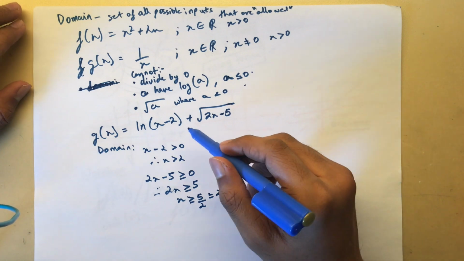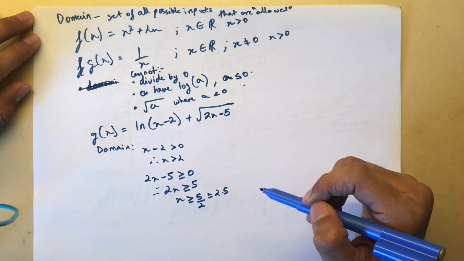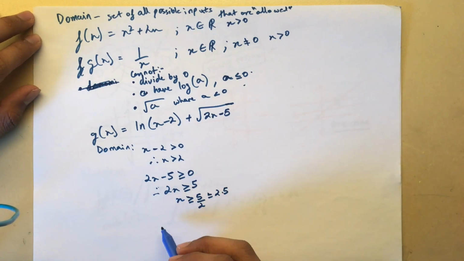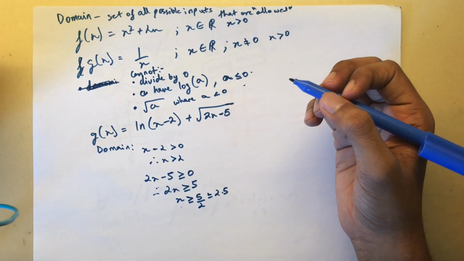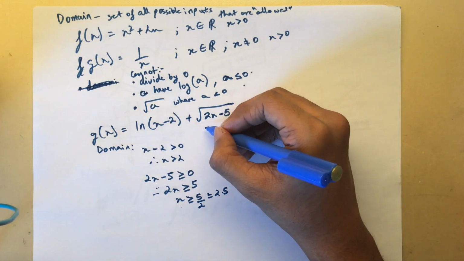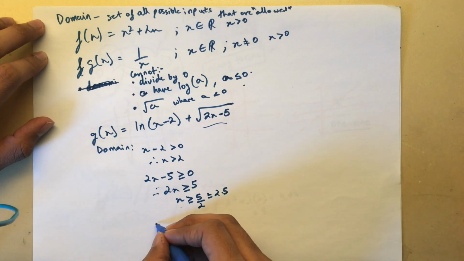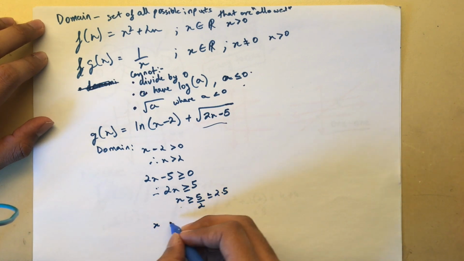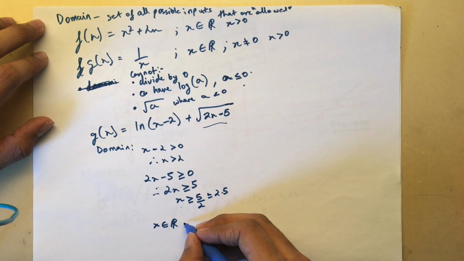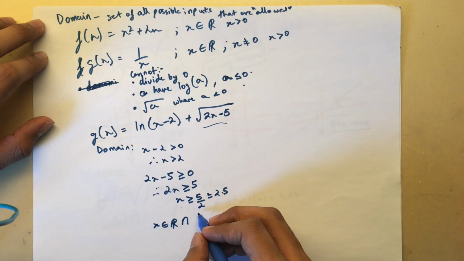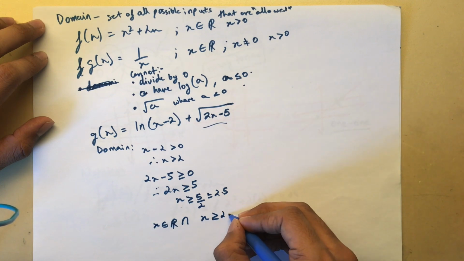So now we know that x would have to be greater than 2, and at the same time x would have to be greater than or equal to 2.5. Obviously we can't have something that's 2.3, as there would be an error over here. So we take the greater value in this case and say that the domain is x belonging to the real numbers intersected with x greater than or equal to 2.5.